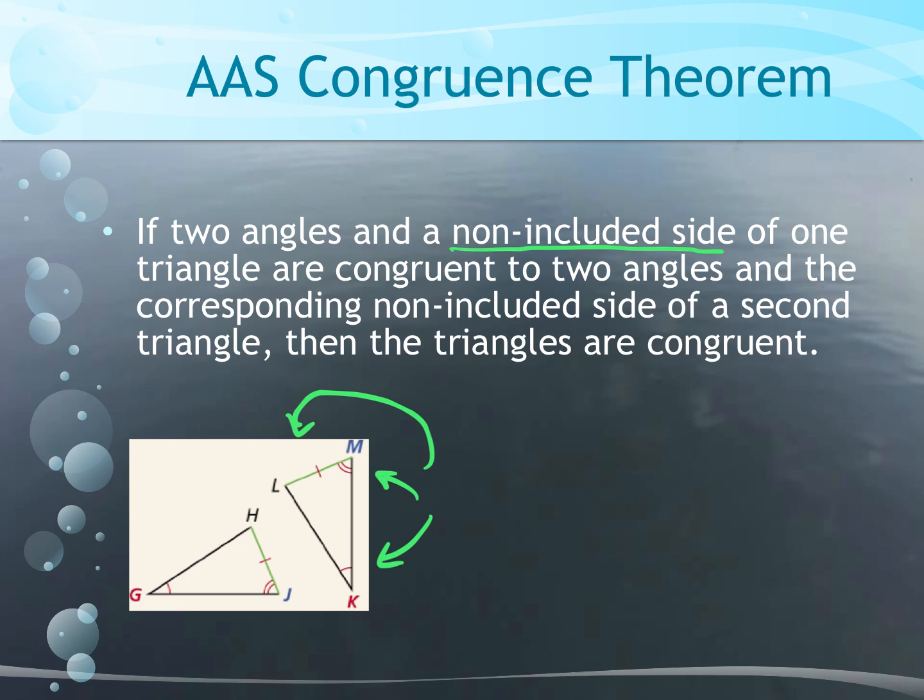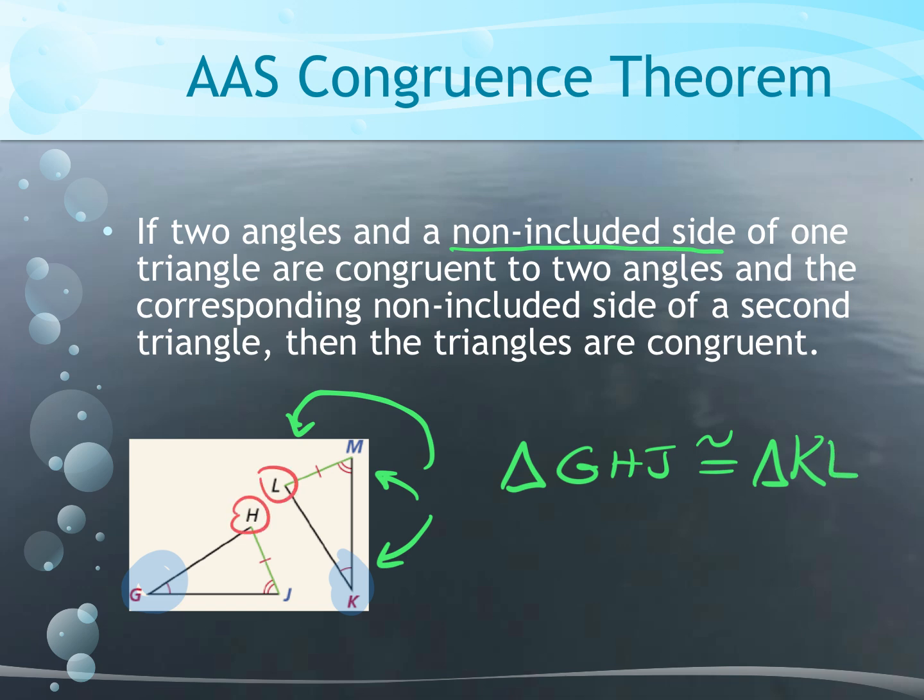So here again, if I wanted to come up with a congruency statement, I could start with the GHJ, and then I got to match it. So notice the G has the single mark, so I need to put K as my first letter. So triangle K. And then the H didn't have a marking, so that's going to match with the L. Put L next.